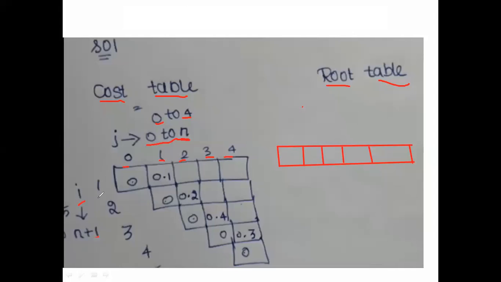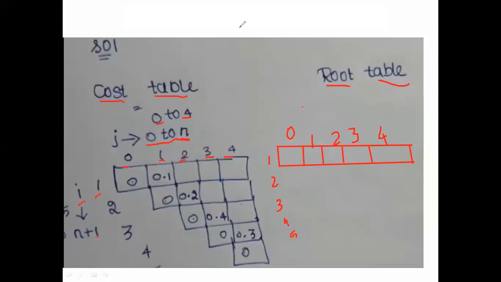Initially i is 1, so 1 to n plus 1. n is how much? 4. 4 plus 1 is 5. So up to 5 you must write: 1, 2, 3, 4, 5. So here it is 0, 1, 2, 3, 4.